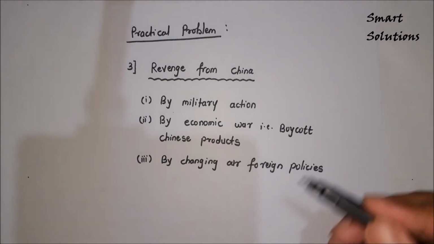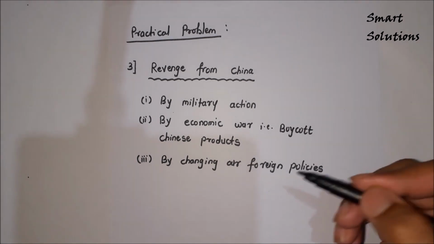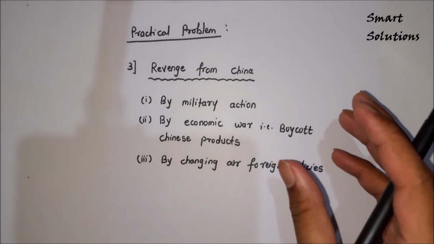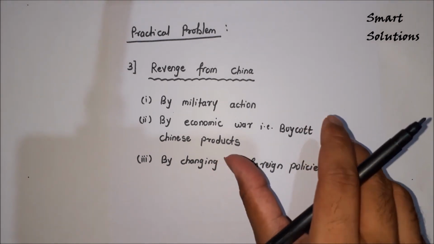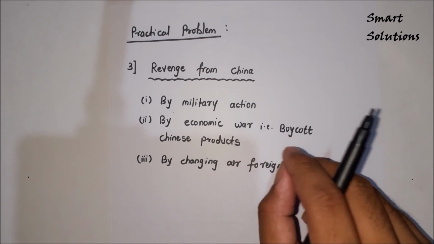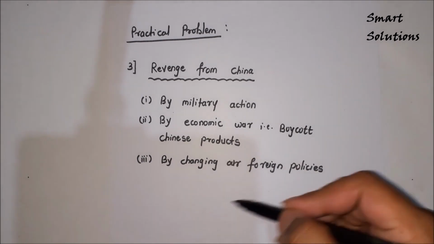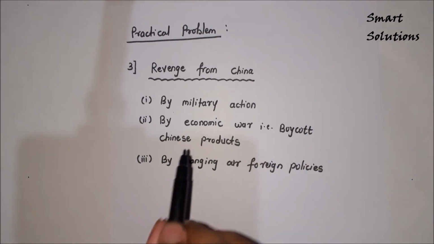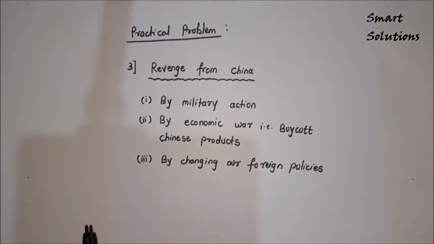So all that study you have to do step by step to come up to some conclusion, and you have to decide a certain period, that by this time I will be boycotting this much amount, or say this much quantity, of Chinese products. So this all comes under your observation in boycotting Chinese products.